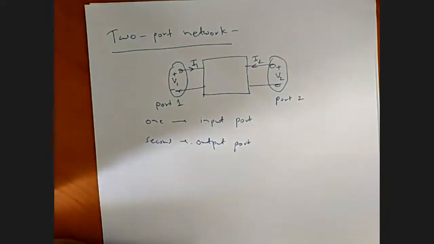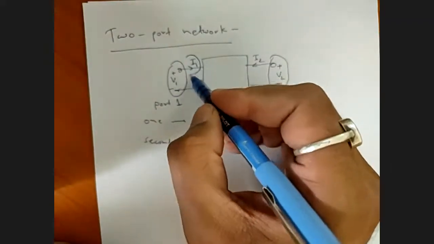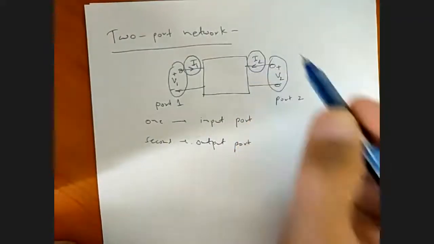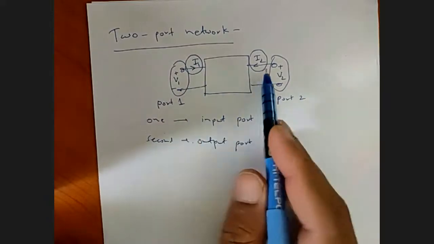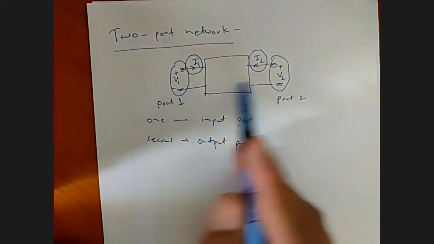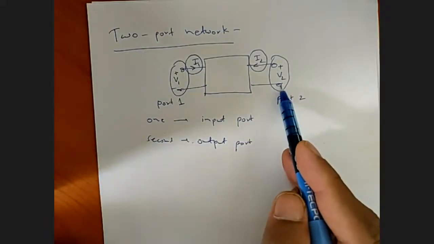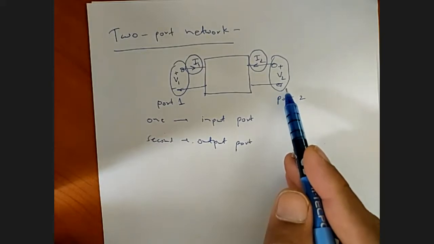Whenever you are discussing or finding the parameters, you have to remember the direction of I1 and I2 will be incoming in the network. It cannot be changed. It will always be I1 and I2 incoming in the network, and V1 will be this polarity and V2 will be this polarity. If it is coming opposite, then you have to take it minus.